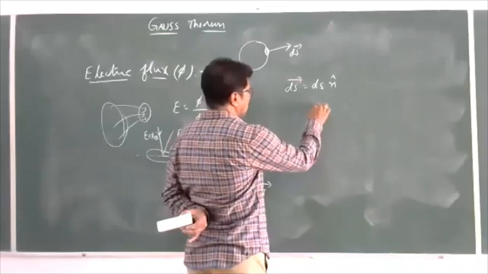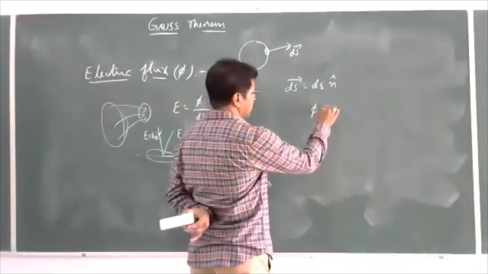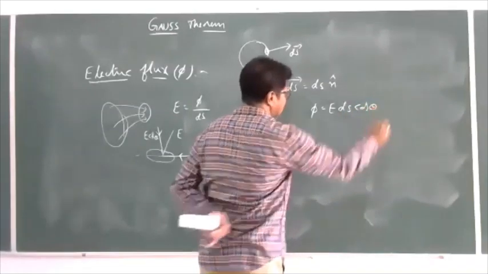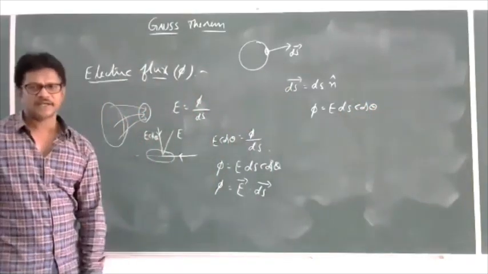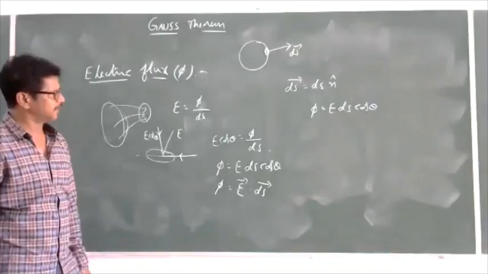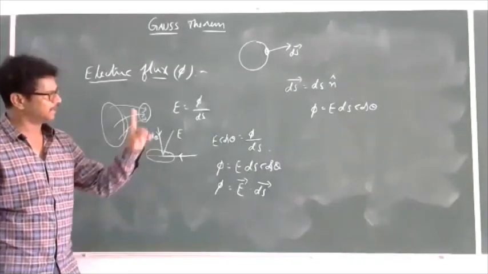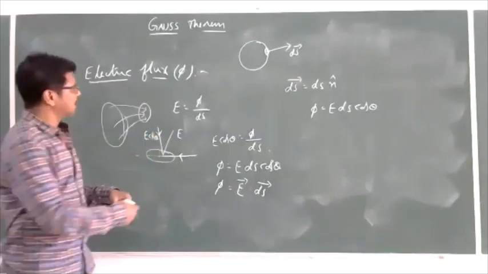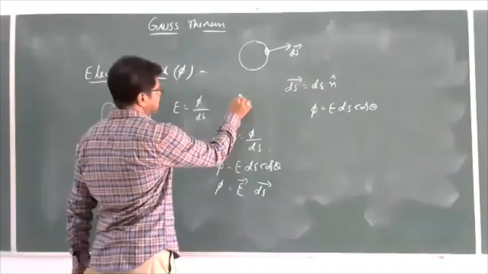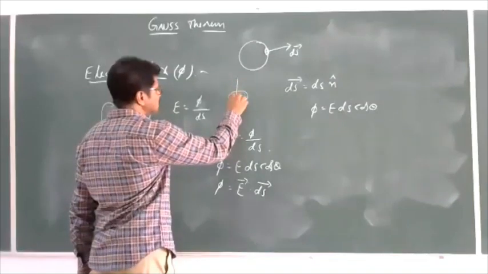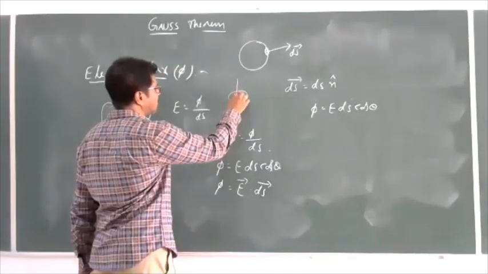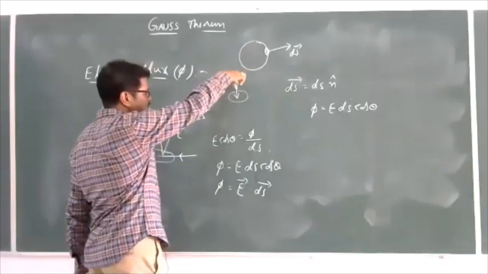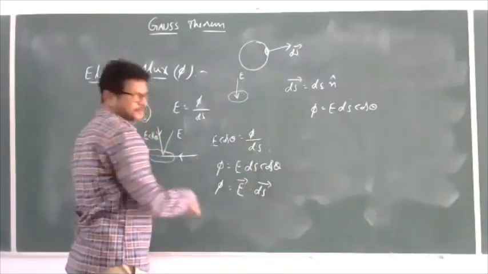As we know now, the standard formula of flux is phi is equal to E ds cos theta. If you consider the entire flux is normal, this is called the total normal electric flux. That means the entire electric intensity is normal to the surface.